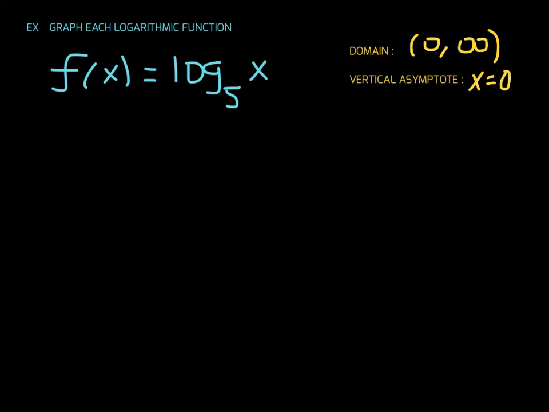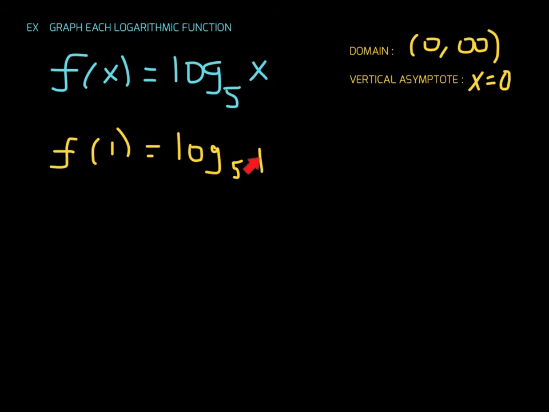We know these two things already from earlier. Now, let's get our 2 points. What we're going to do is choose x values. We're trying to work as smart as possible. So notice that if I plug in the number 1 for x, then this would be log base 5 of 1. Now remember, this notation means 5 is your base, and you're going to want to raise 5 to some exponent in order to get 1.